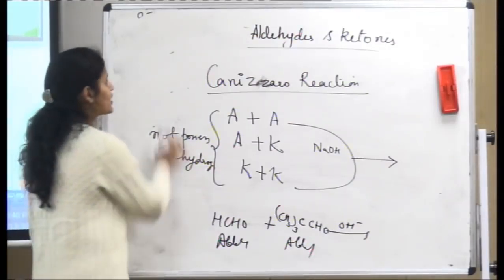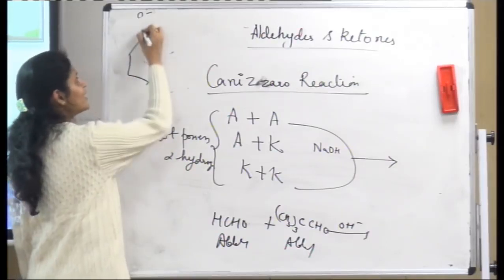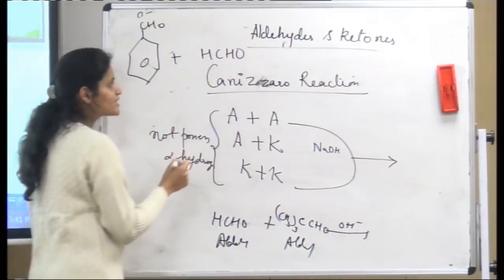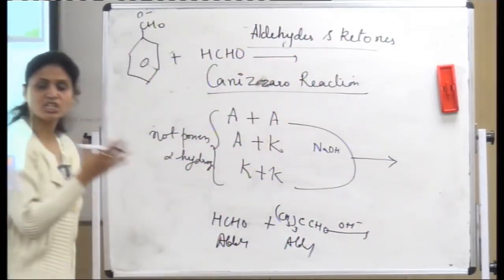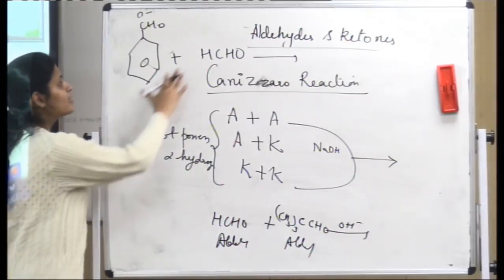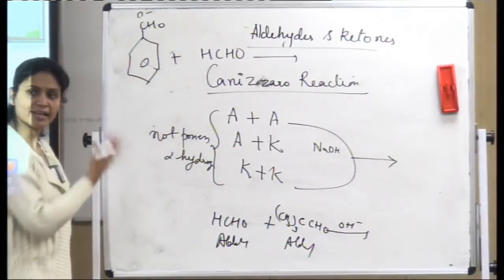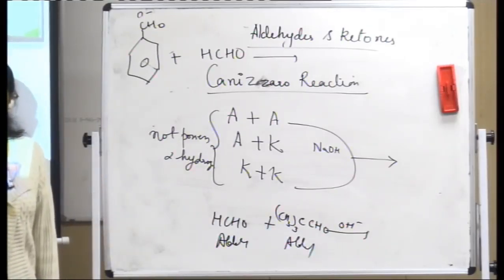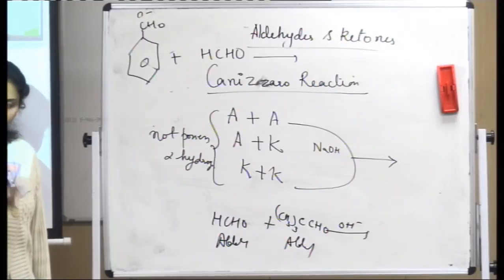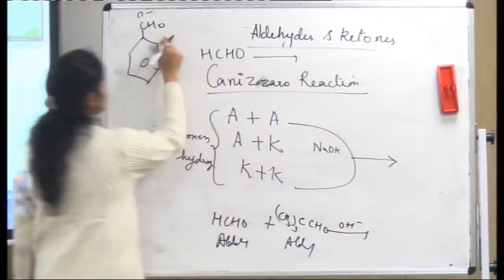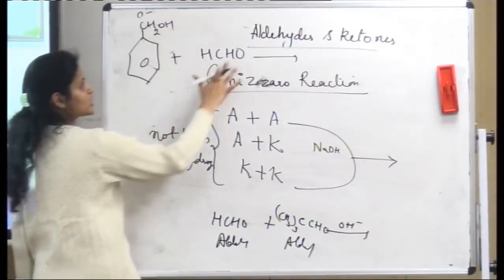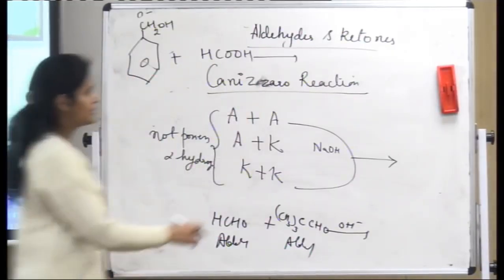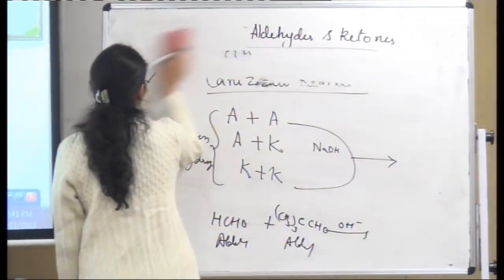Again, if I am given a choice between an aromatic aldehyde and an aliphatic aldehyde, the self-oxidation and reduction reaction will result in the formation of an alcohol and a carboxylic acid, out of which always the aliphatic part will retain the carbonyl group, right? So that means it will result in the formation of CH2OH and HCOH, right? So this was cross-Cannizzaro reaction.